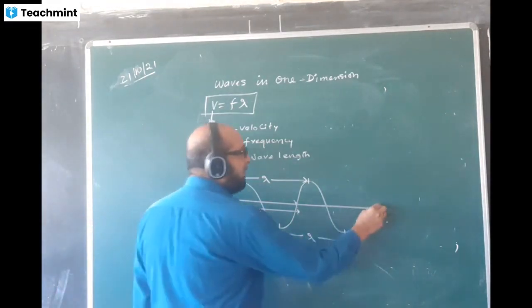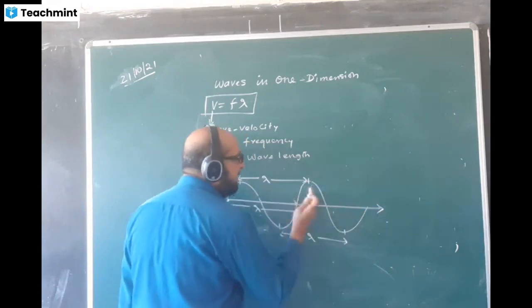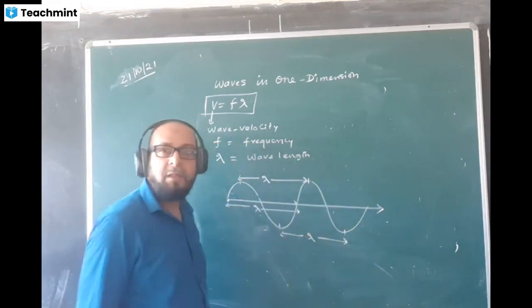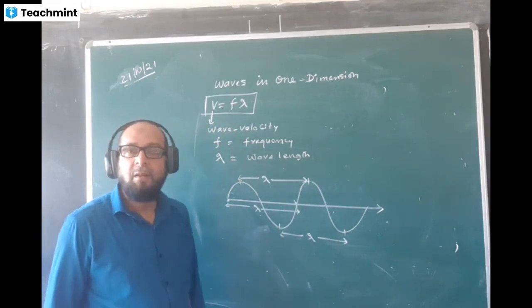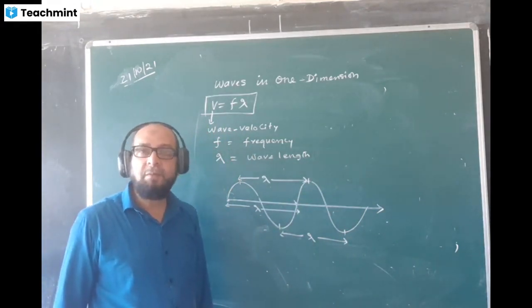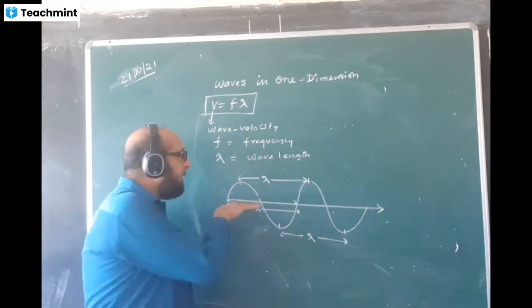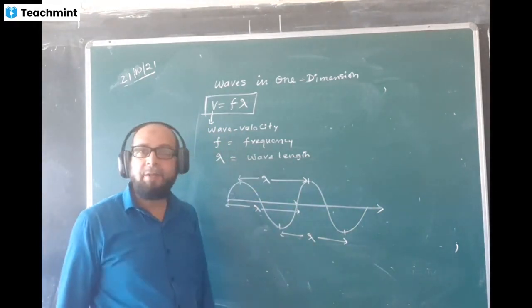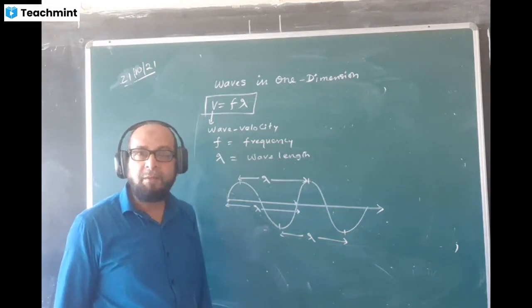The wave will advance this way and the particle will also vibrate in this manner only. That is called longitudinal wave. The other type is called transverse wave, in which the medium particle vibrates in a direction perpendicular to the propagation of the wave.